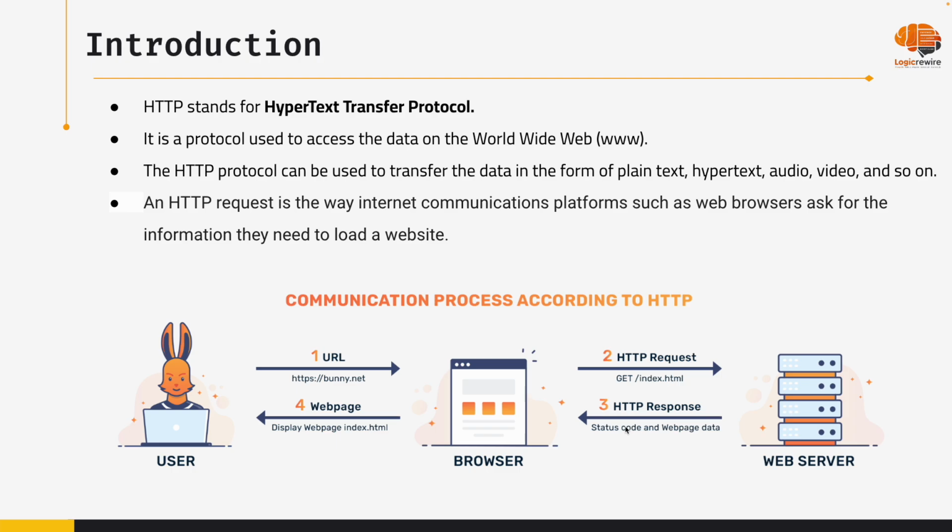Status code is like this: let's suppose you are calling someone, and first you say hello, and then that person says hello. Why do we say hello to each other at the initial stage of talking?